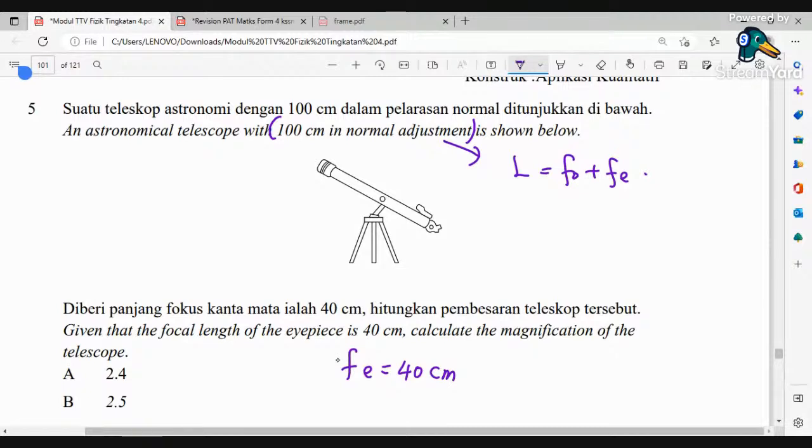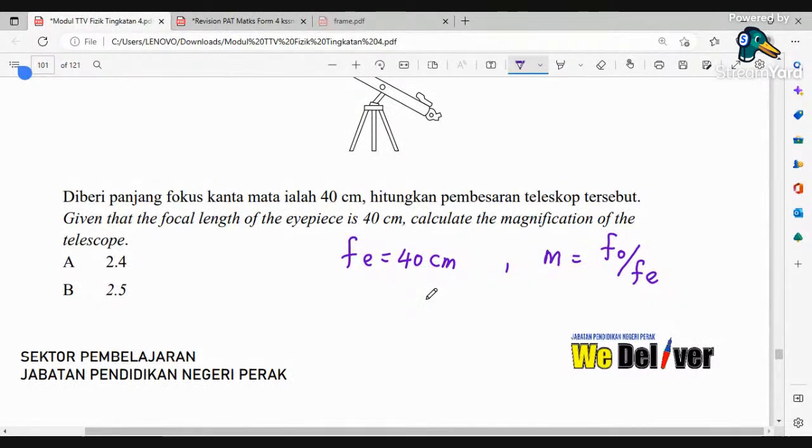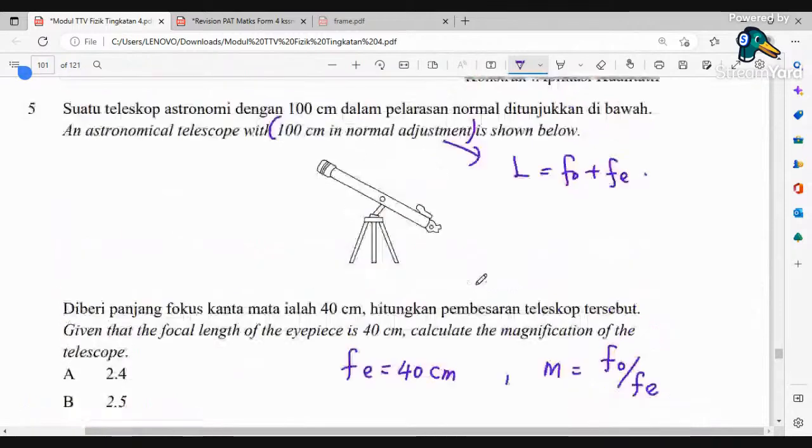As we know, magnification is FO over FE. Under normal adjustment, the separation between two lenses is FO plus FE. So you need to find FO first.